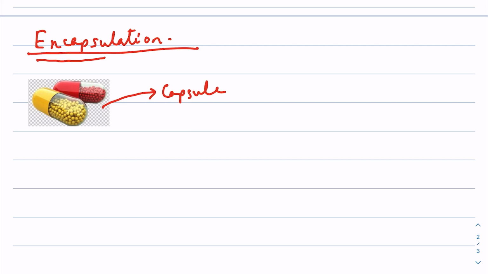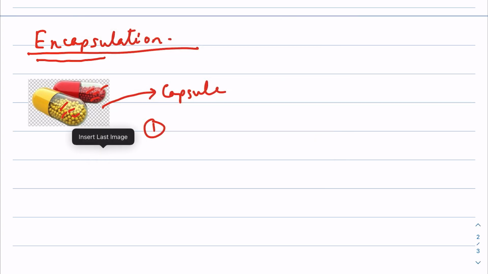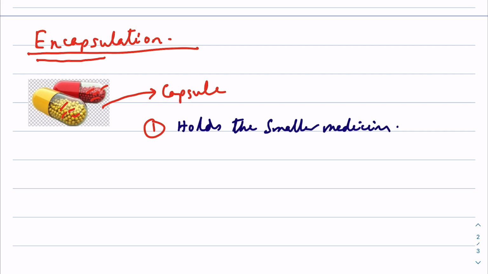So what properties does this capsule have? First of all, these capsules hold small individual medicines within them, combined within a large capsule. So the first point will be it holds the smaller medicines.